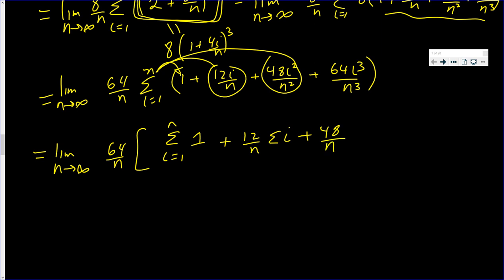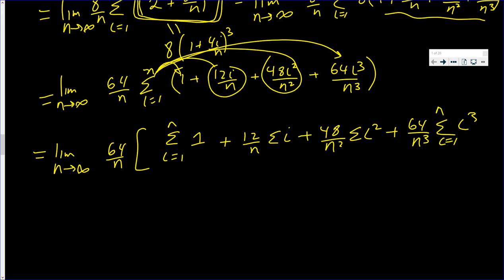and I can factor out the 48 over n squared, and just take the summation of i squared plus the summation of the last term. And I can factor out the constant and just calculate the sum of i cubed as i goes from 1 to n.